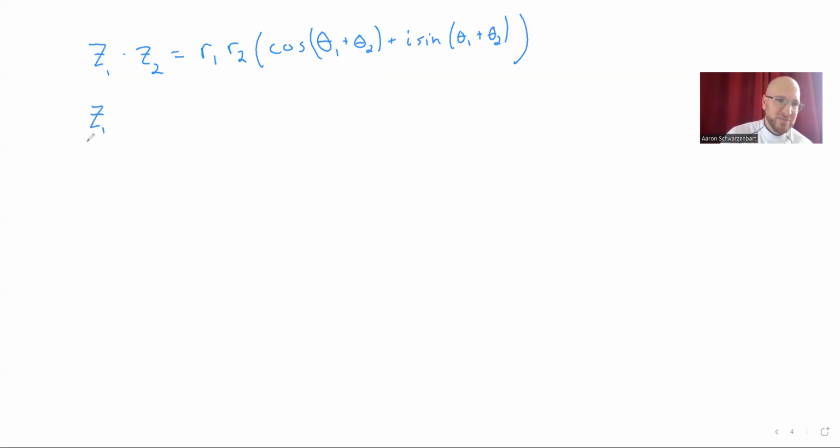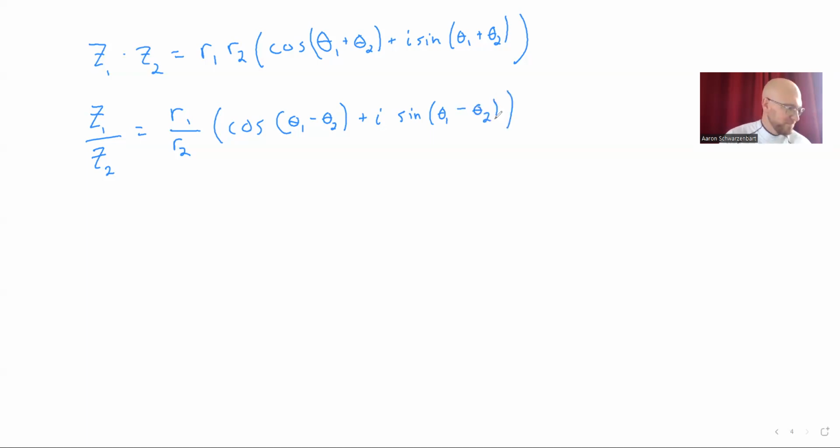My division formula is similar, except I divide my radiuses or my moduluses, and I subtract my angles. This, like all division, does imply that my denominator is not equal to 0. It's not the complex number 0 plus 0i.